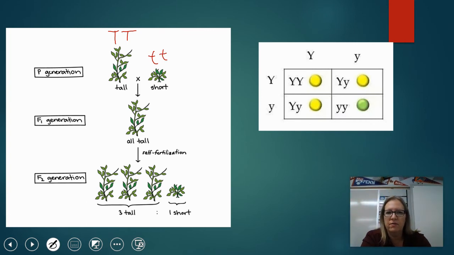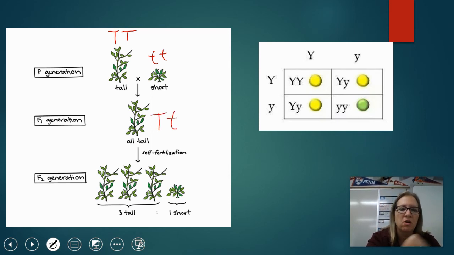Just like I showed you, if I cross those purebred parents like this, all of my offspring are going to be hybrids, because the tall plants can only contribute the capital T, and the short plants can only contribute the lowercase t. So all of the offspring will have that hybrid mix, okay? Their genotype would be hybrid. Their phenotype, they will all be tall, 100% tall, okay?